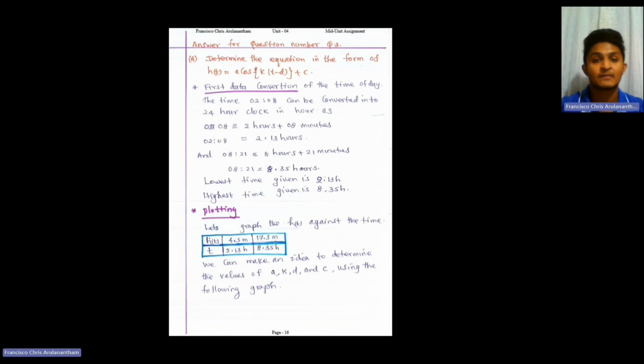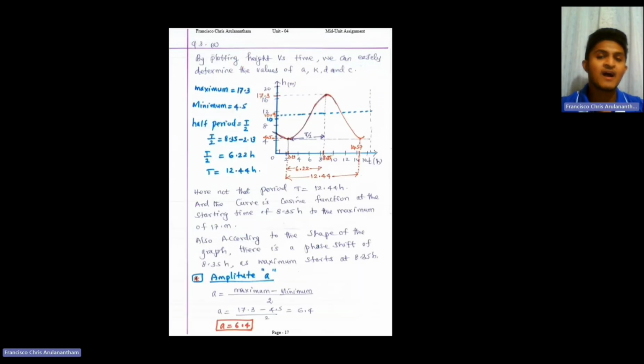Next, plotting. Let's graph h(t) against the time. You can see in this table, these are the key points. We can determine the values of k, a, d and c using the following graph. By plotting height versus time, we can easily determine these values.